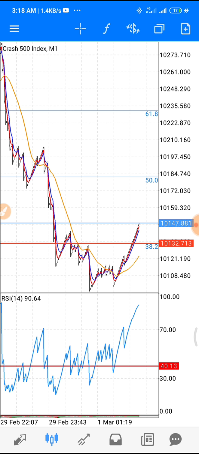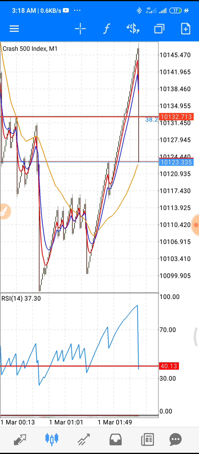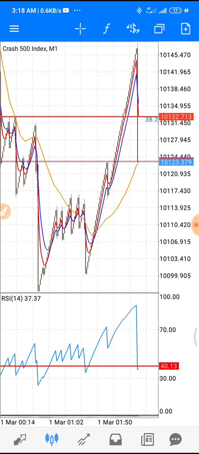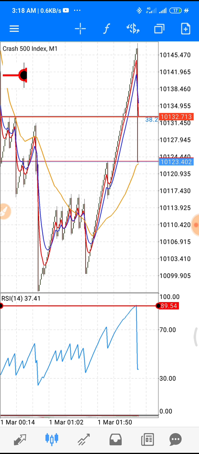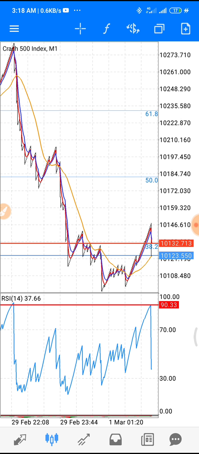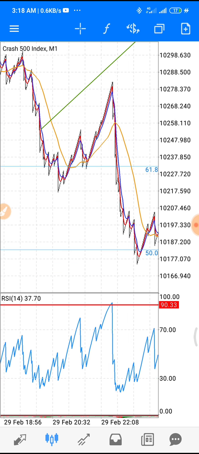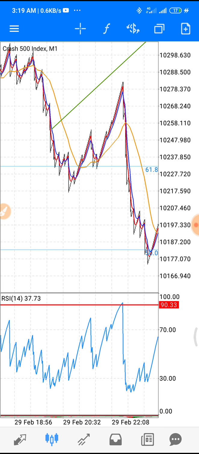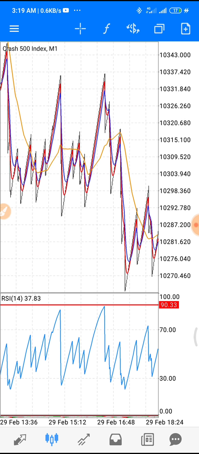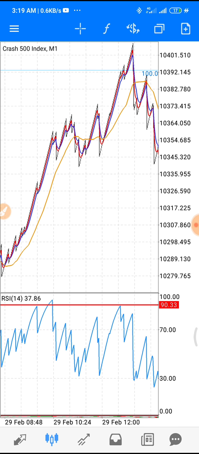Now this one is on a strong buy currently. Okay, for example, let's say maybe that spike occurred on a notable resistance level. It has not gotten to this one. Let's check. Okay, can you see?